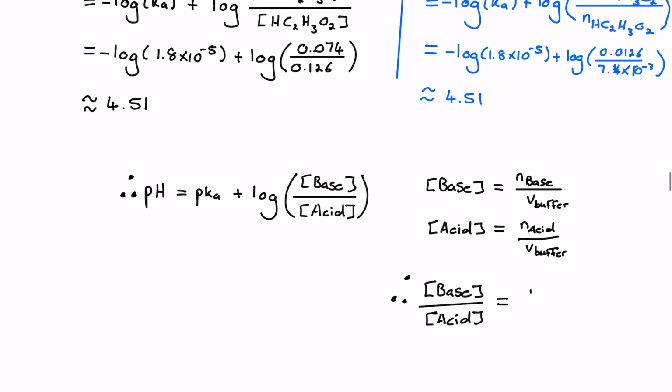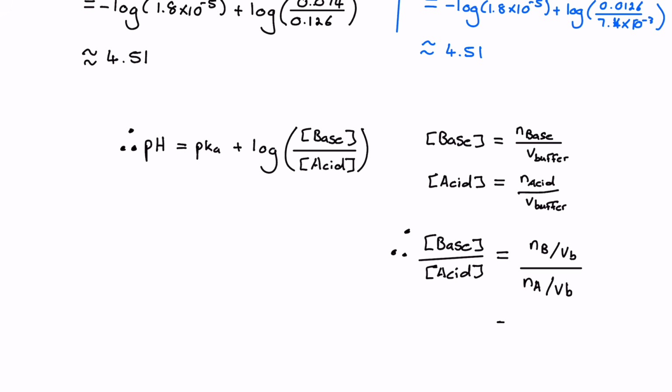So in other words, you have N base divided by volume buffer, and then N acid divided by volume buffer. You should see that that then just gives you N base divided by volume buffer multiplied by volume buffer over number of moles of acid.